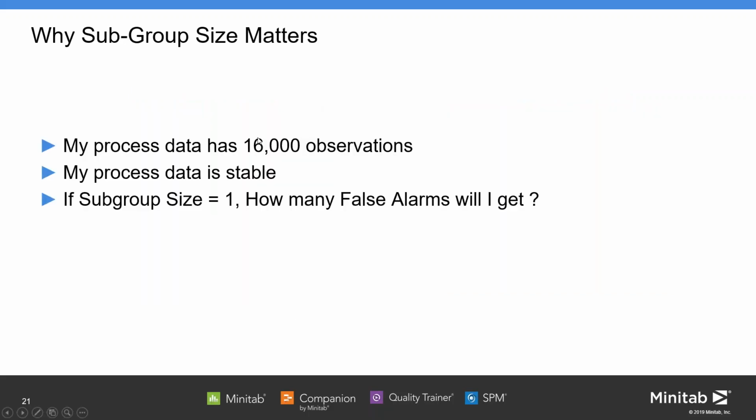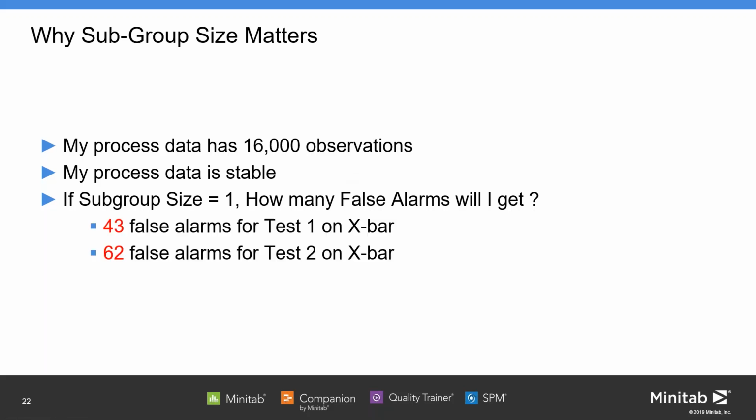In my example, I know that I am creating 100 observations an hour, 100 parts are being made an hour. My process data has 16,000 observations, and my process is stable. But when I was using a subgroup size 1, I was getting a number of false alarms. Just to evaluate this, I'm going to have 43 false alarms for test 1 with 16,000 observations.